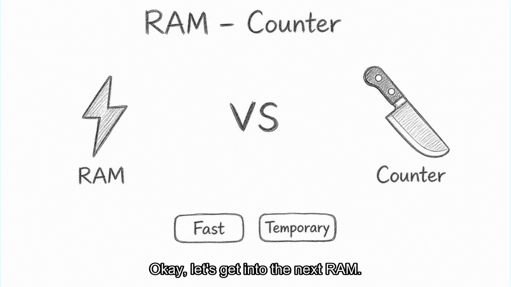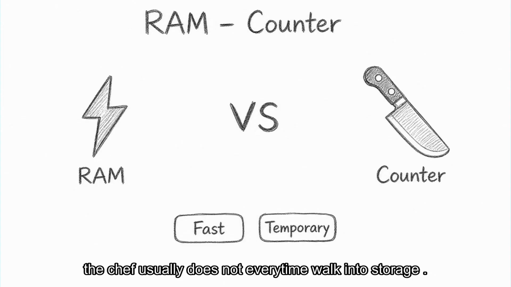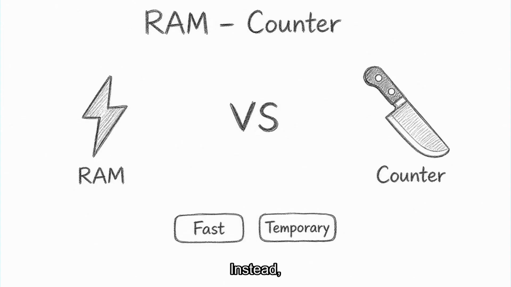Okay, let's get into the next one, RAM. A lot of people fear this one is confusing, but I think RAM becomes much easier if you think of it as a kitchen counter. Even if the kitchen has a lot of ingredients in storage, a chef usually doesn't walk into the storage every time. Instead, the chef brings them out and puts them on the counter.